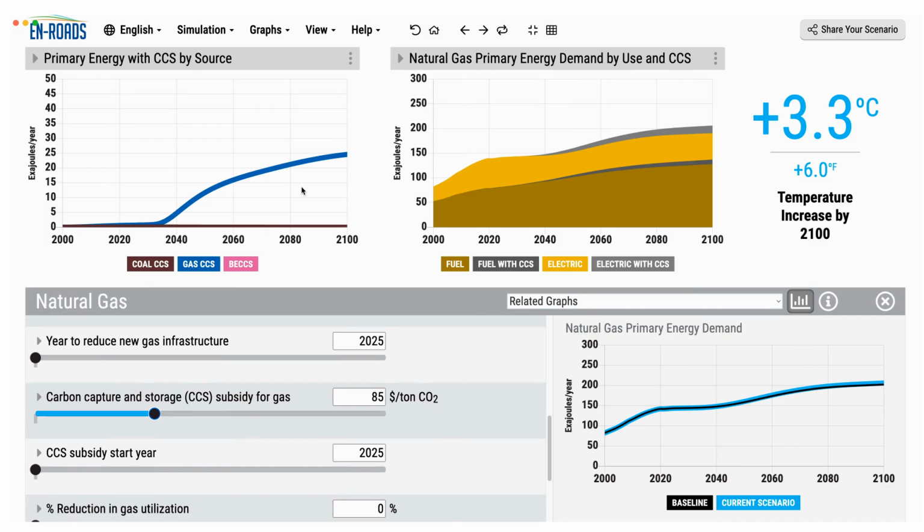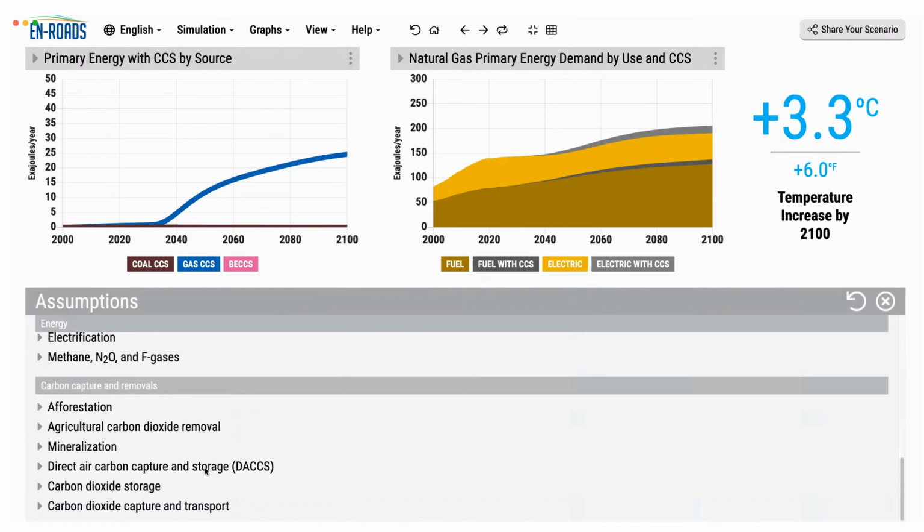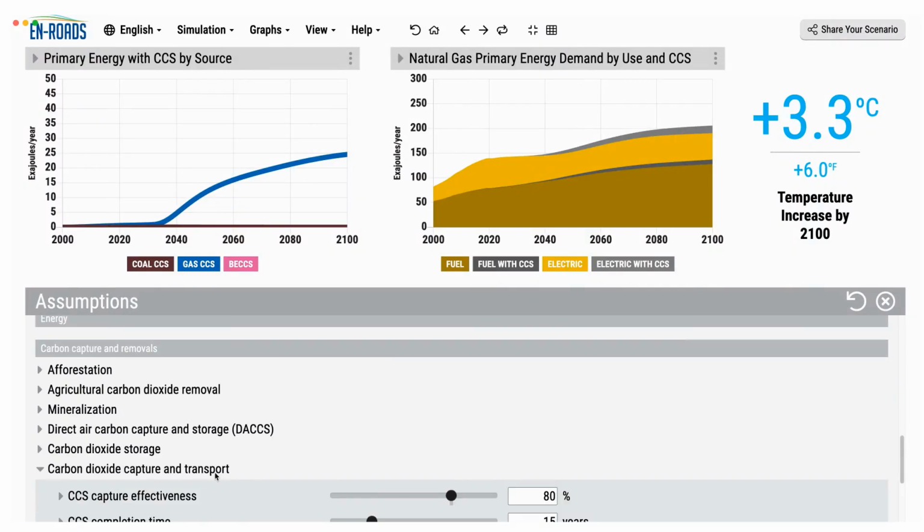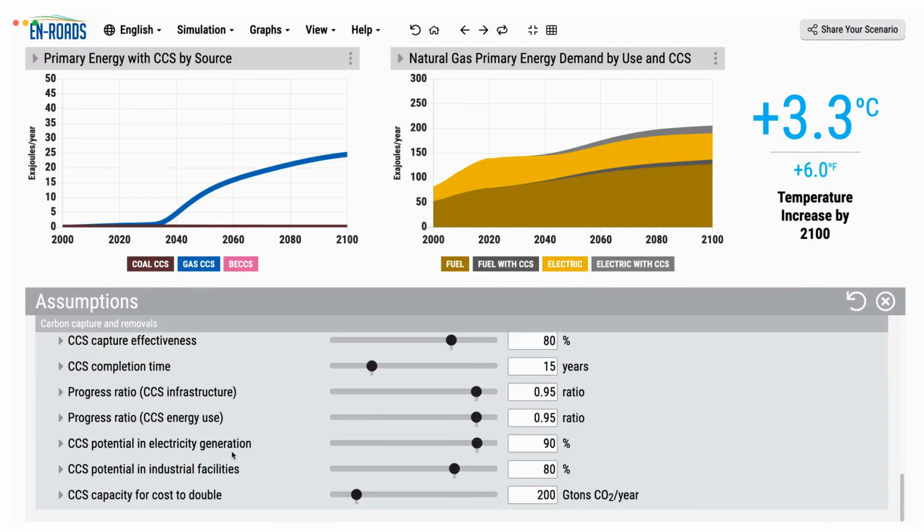It is applicable to about 90% of electricity generation, 80% of industry, but none of the buildings, which is over a third of overall natural gas usage. And it has about an 80% capture rate. You can change many of those assumptions down here under this section of the assumptions.